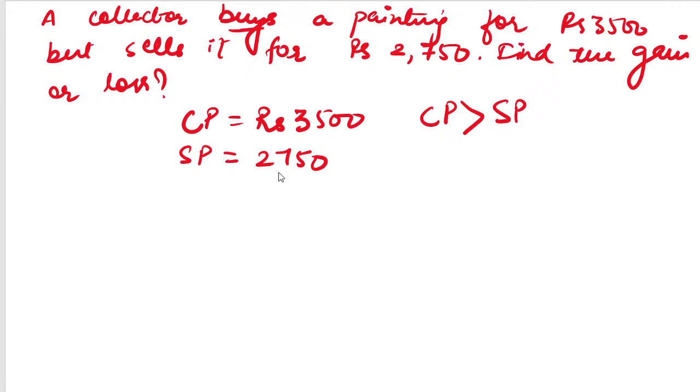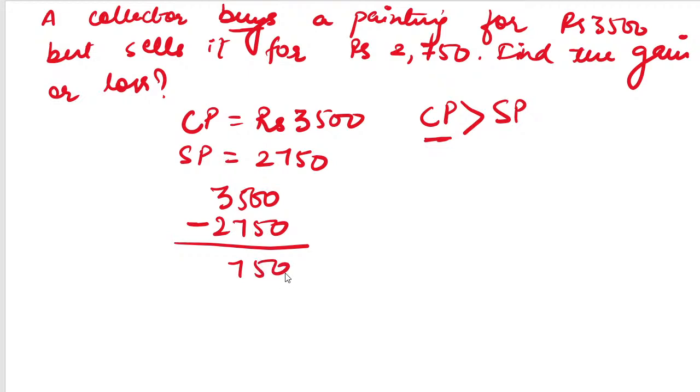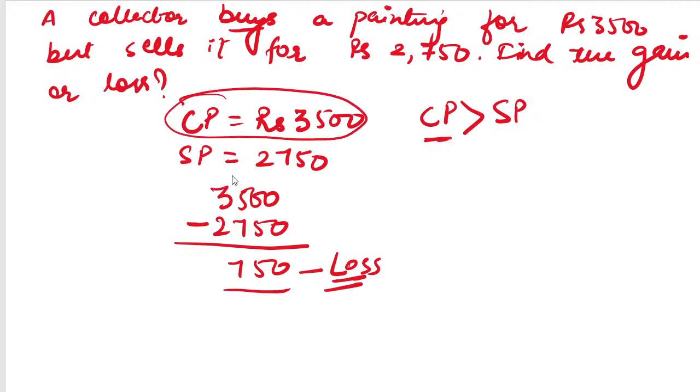Okay, so we know that CP is more here. So if I say 3500 minus 2750, we got 750, so we have a loss of 750 rupees. Okay, because CP is big here. So in that case there is always a loss.